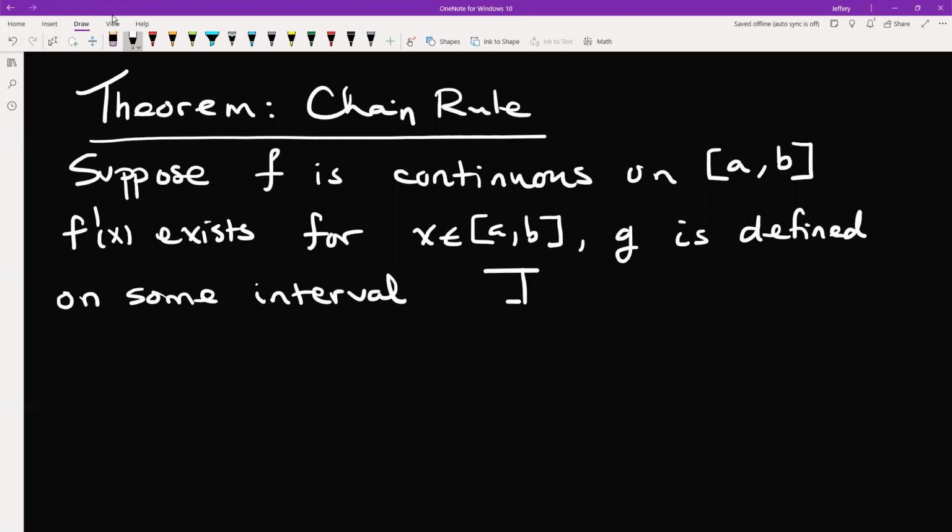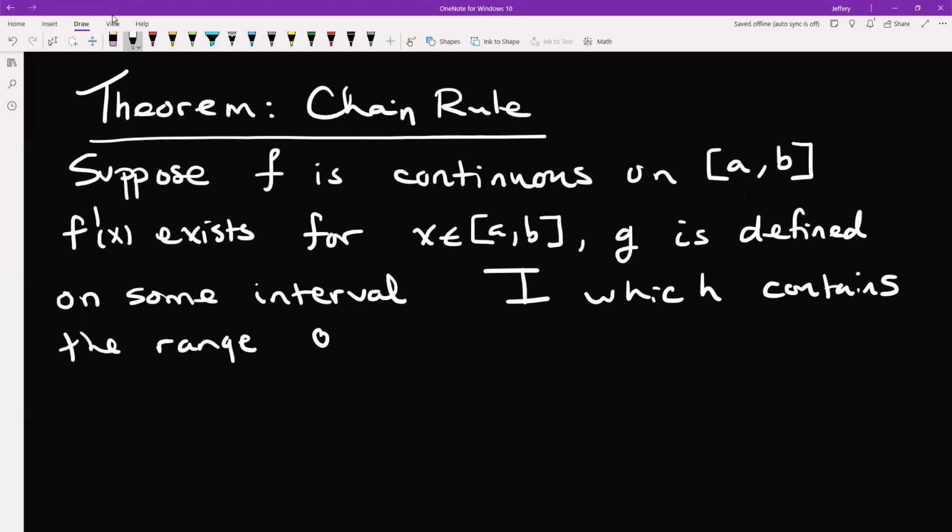Some interval I. Now, the thing about I is that I contains the range of f. So it means f of x is the input value for g, right?